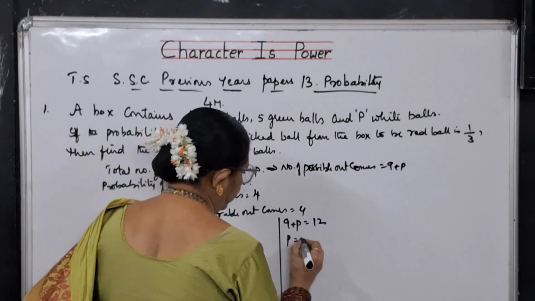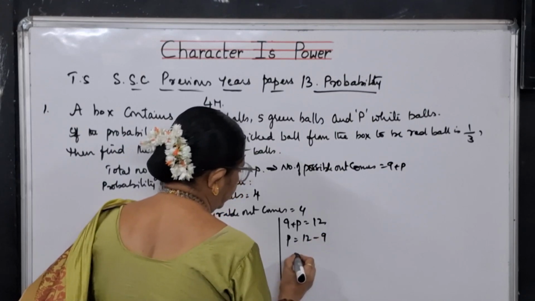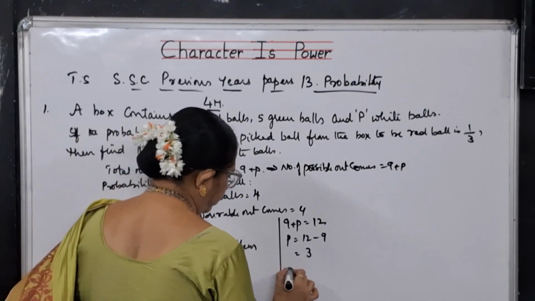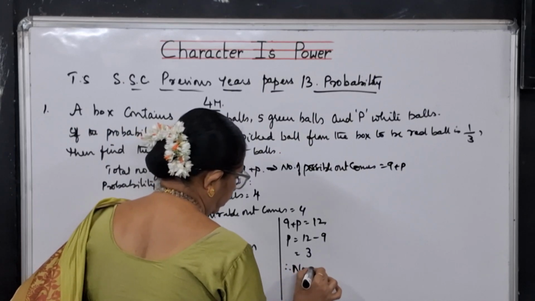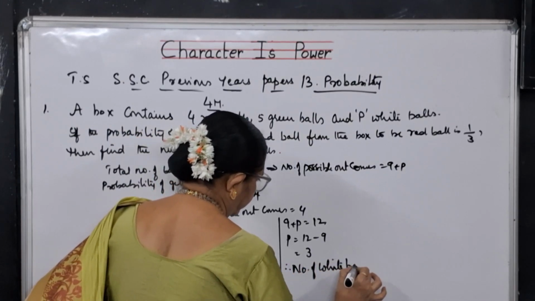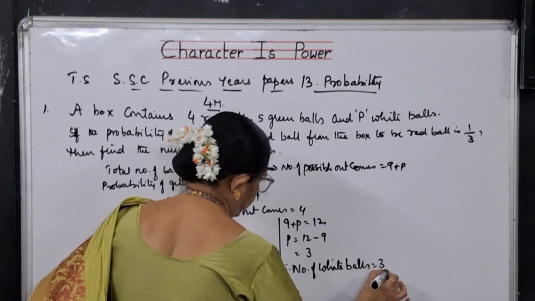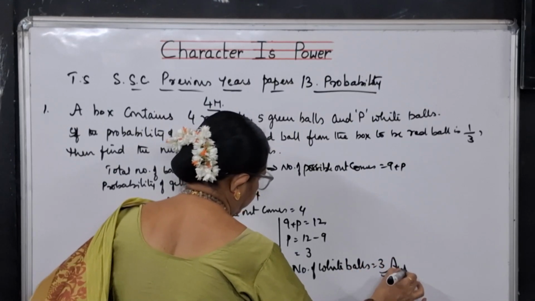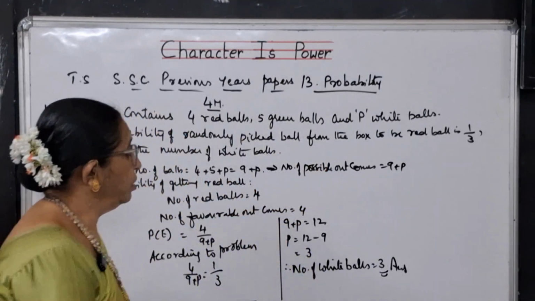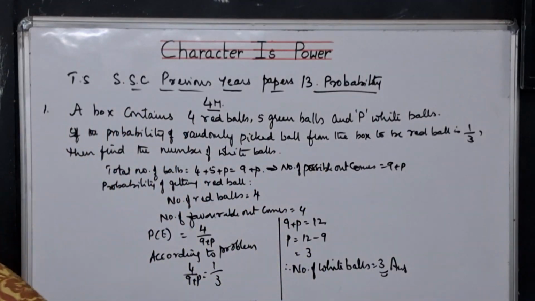So what is p? 12 minus 9, that is 3. So number of white balls is equal to 3. This is the answer. Let's copy it. This is the first 4 marks sum.